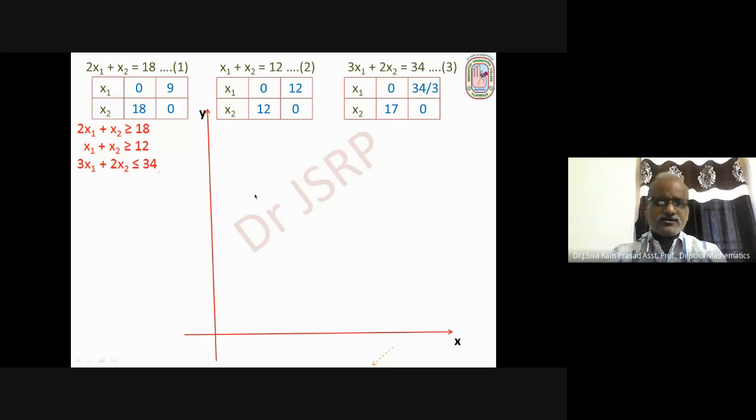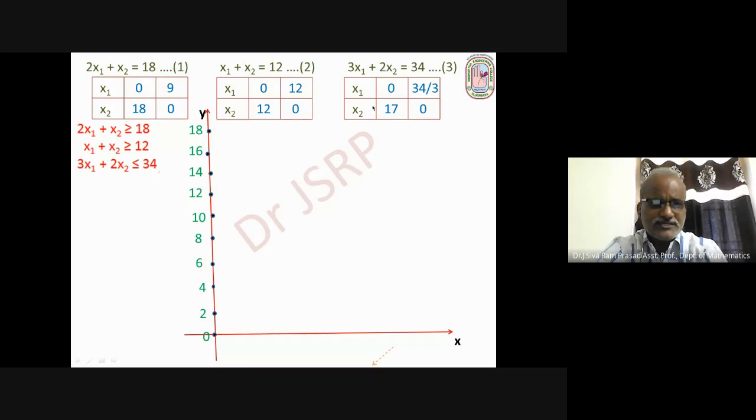Okay, right. So what is the scale? Observe the x1 range: 9, 12, this is 11 point something. So the x1 range is 12, and we can take 1 centimeter equal to 2 units. Similarly, the x2 range is 0 to 18, maximum is 18. So you can take 1 centimeter equal to 2 units: 2, 4, 6, 8, 10, 12, 14, 16, 18.